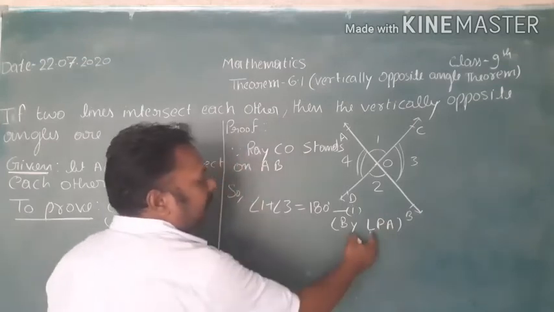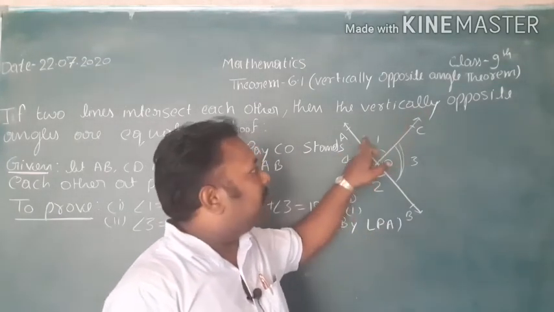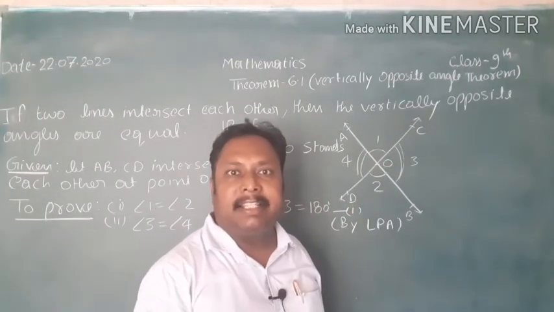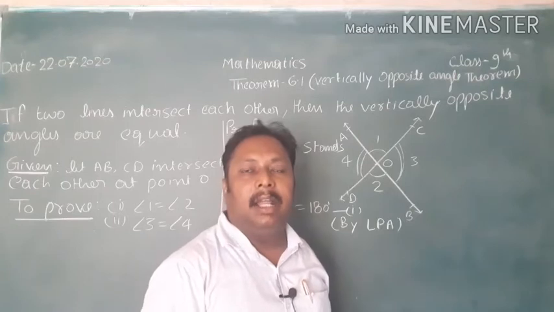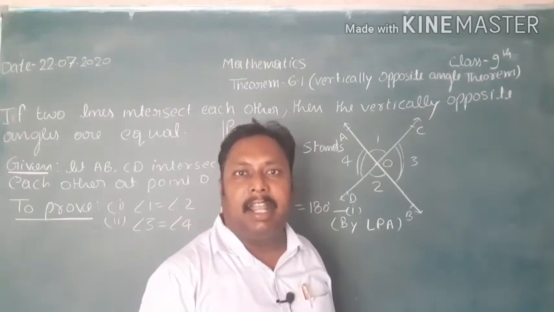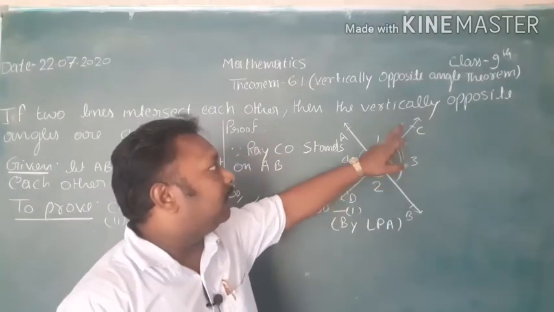LPA means linear pair axiom. We know that if a ray stands on a line, then the sum of two adjacent angles so formed is equal to 180 degrees. This is written in axiom number 1. In axiom number 1, it is written that 1 plus 3 equal to 180.